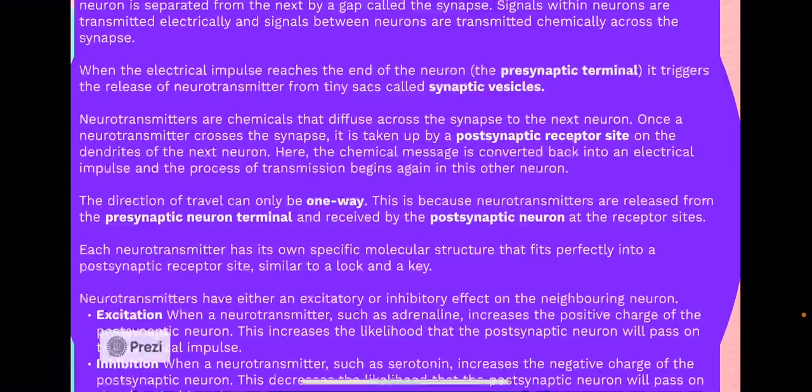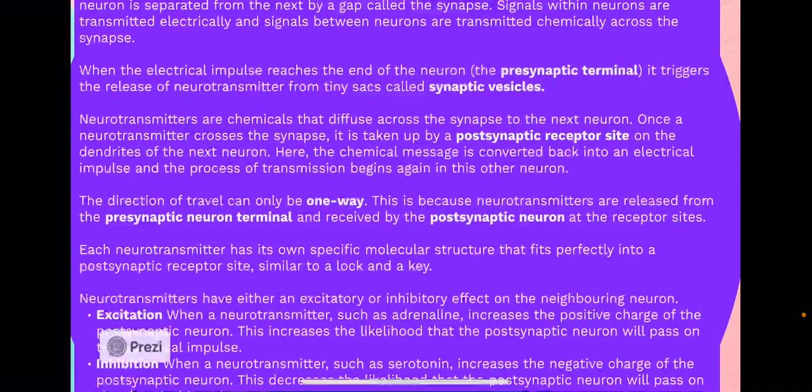Neurotransmitters are chemicals that diffuse across the synapse to the next neuron. Once a neurotransmitter crosses the synapse, it is taken up by a postsynaptic receptor site on the dendrites of the next neuron. Here, the chemical message is converted back into an electrical impulse and the process of transmission begins again in this other neuron.